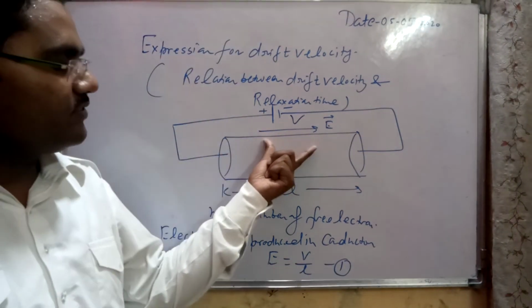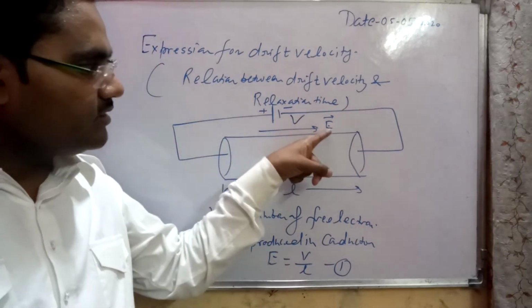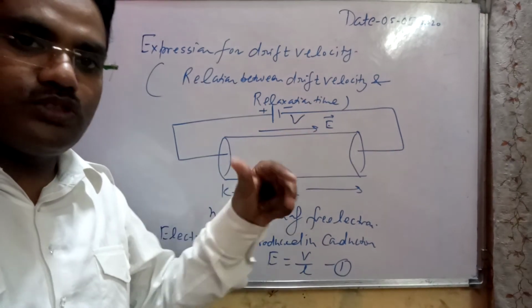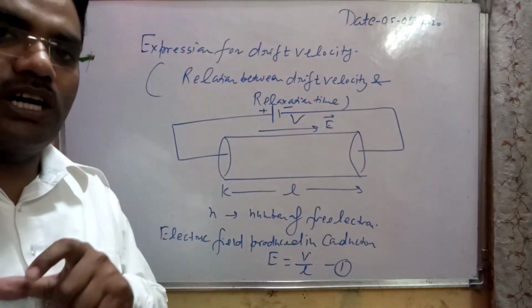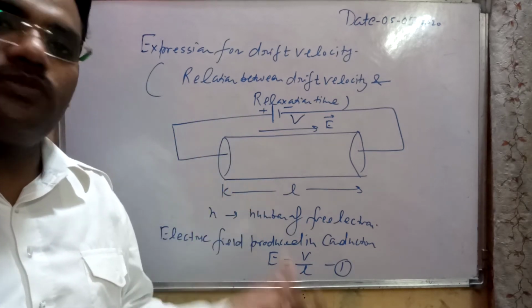If an electric field is produced, then all electrons come in this field. Electrons have charge. When a charged particle comes in an electric field, it experiences force.